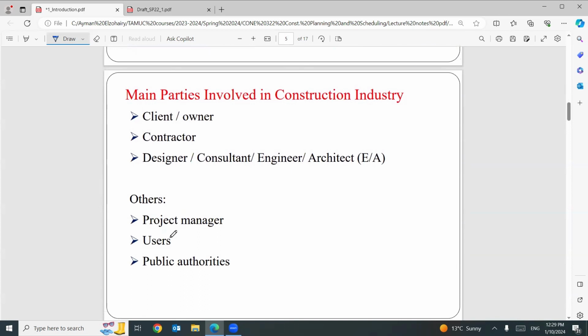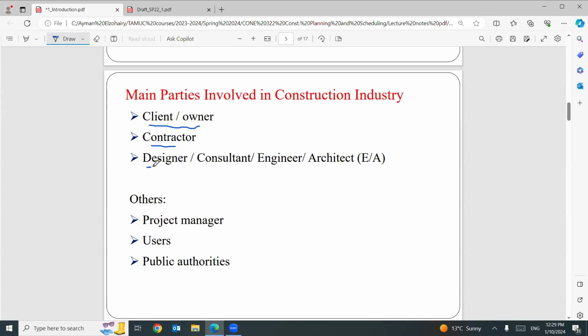For any construction project, or in general in the construction industry, we have different parties involved in this project or in this industry. The main parties are the owner or the client. Any project should have an owner and a contractor who will construct the project.